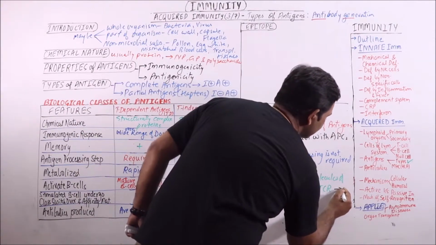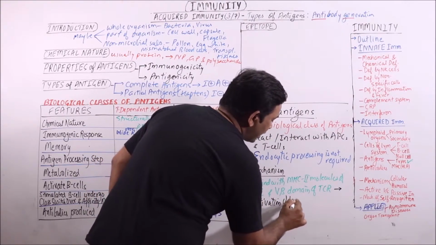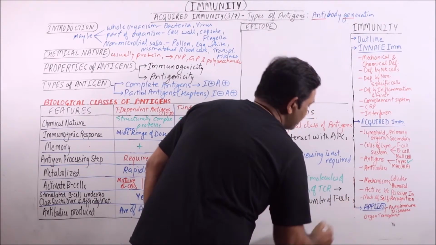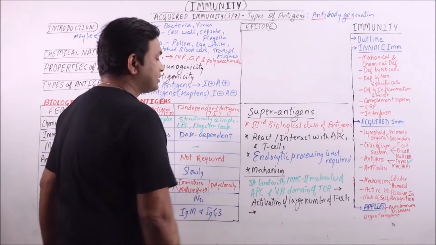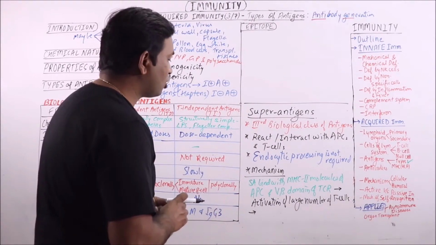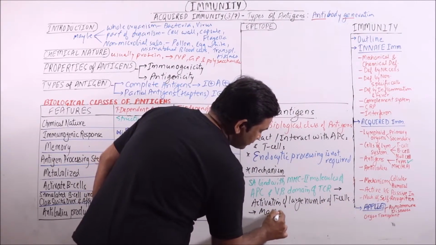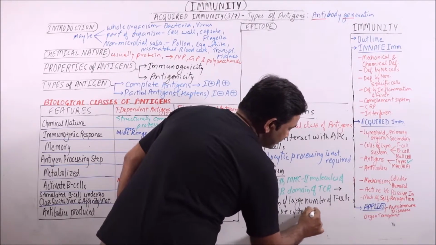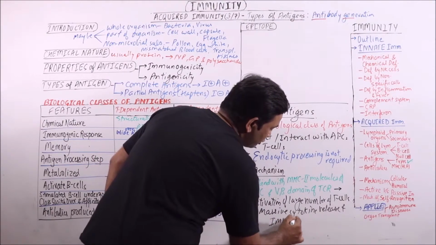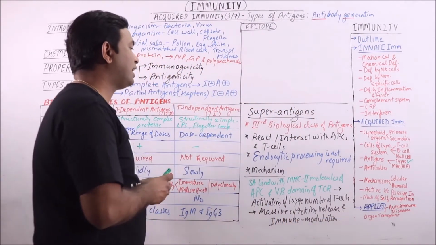Because of this activation of large number of T cells occur, and it's important that this number is very high in comparison to the common antigens. Next is massive cytokine release and immune modulation. So this is the mechanism of action.